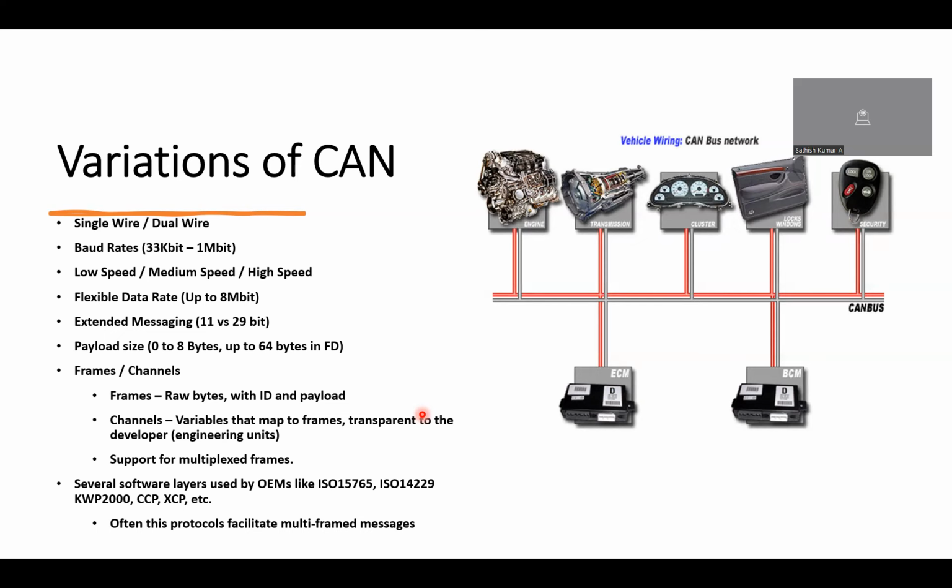Often these protocols facilitate multi-framed messages. And this is how the wiring communication looks: multiple nodes will be connected, and at the opposite end it will be with the engine and cluster, everything. So this is how the CAN bus, the CAN network, looks.